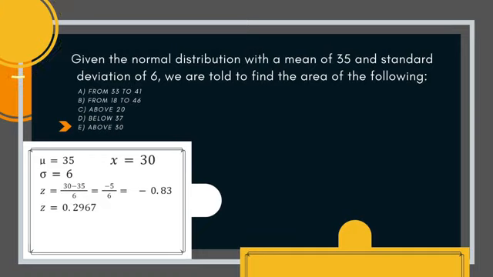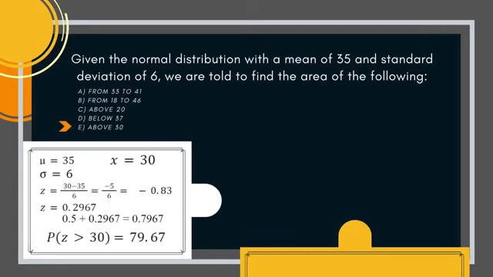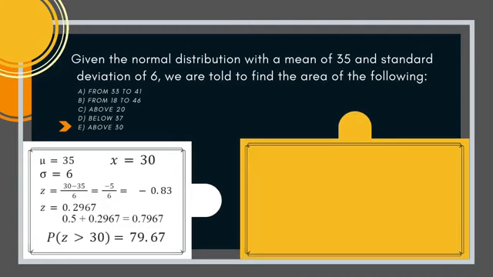Just like the previous ones, we still have to add 0.5 to the z-score that we got in order to get the other half of the distribution that is missing. 0.2967 plus 0.5 would give us 0.7967, which we can denote as P(z greater than 30) is equals to 79.67% to represent the probability of getting a value higher than 30.